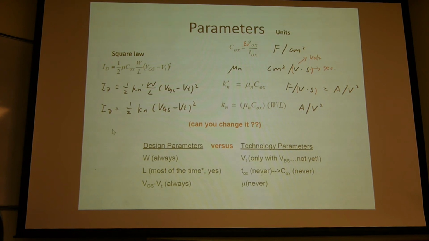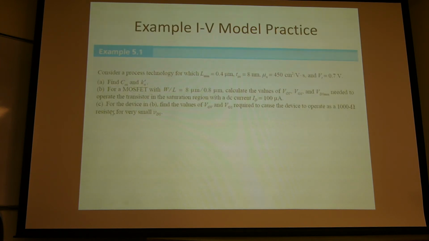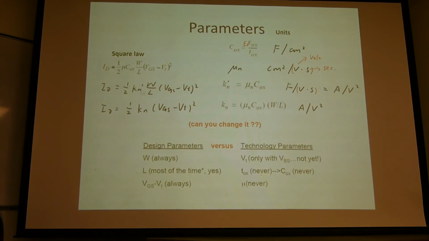If you want larger current, of course you will design it wider, larger W, because it's proportional here, you see. And then the L, you can also change that, but depending on the technology node. You cannot change the L below the minimal L provided by that technology node.